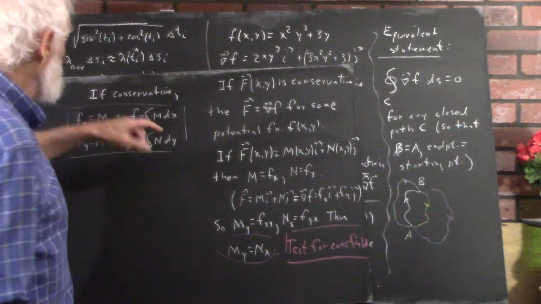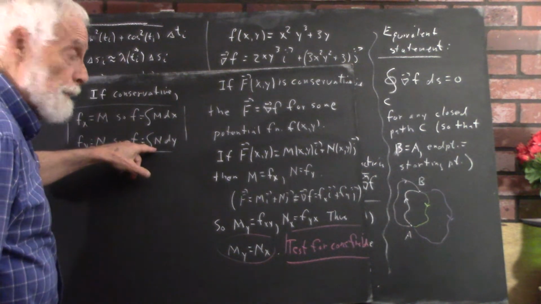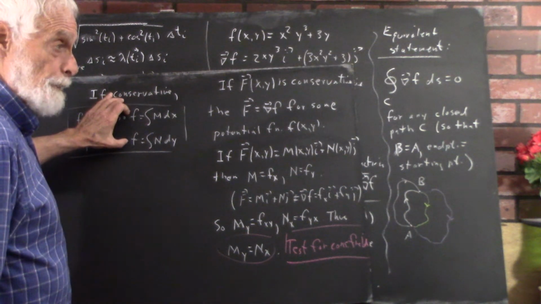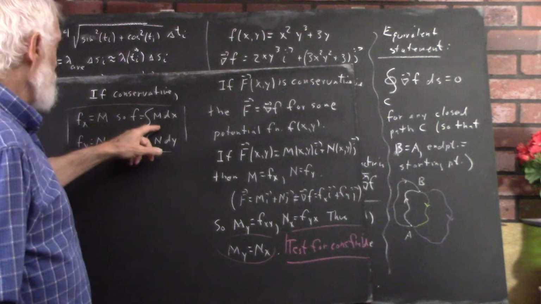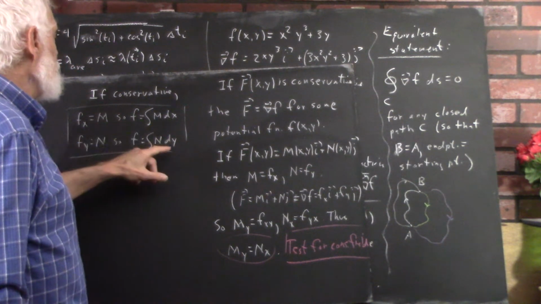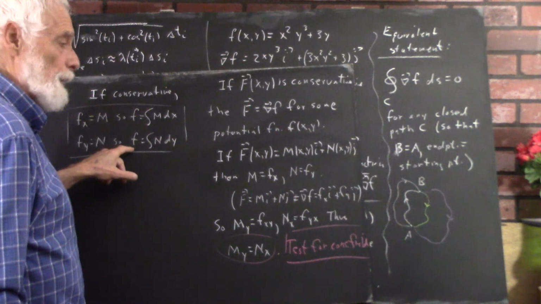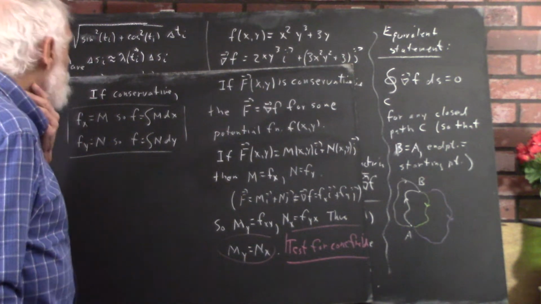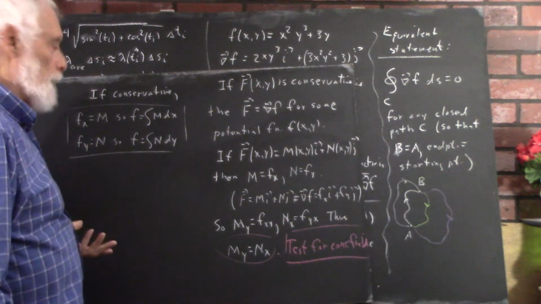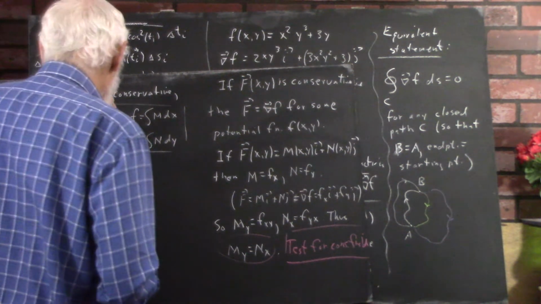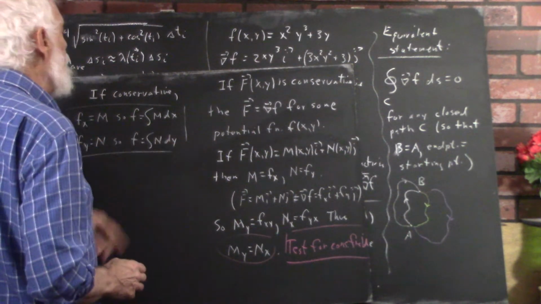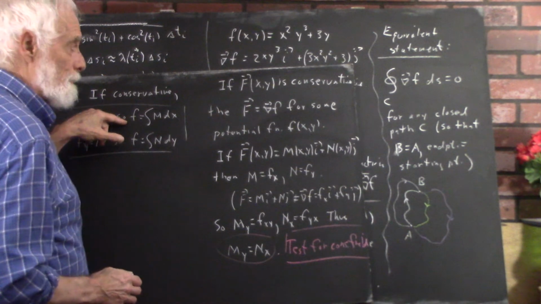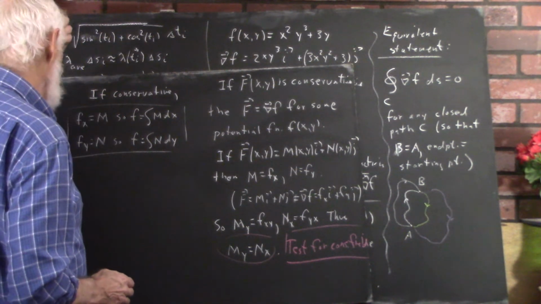So all you have to do is integrate M and integrate N and see that they give you the same function f, or that they can give you the same function f. That some integral of M dx equals f, some integral of N dy equals f. When I say some integral, you have integration constants. The integral of M with respect to x might not actually give you the potential function.